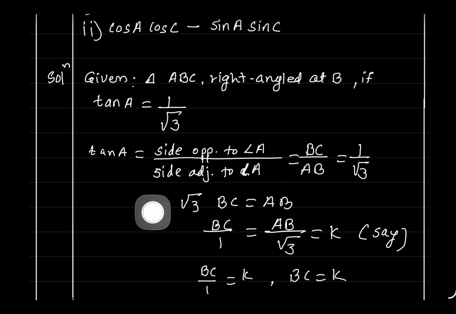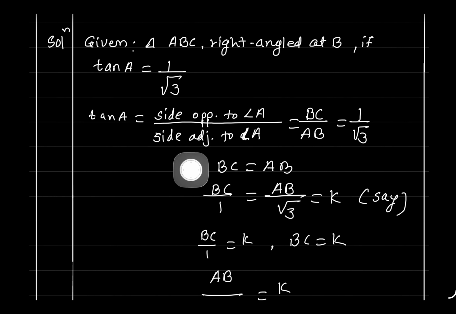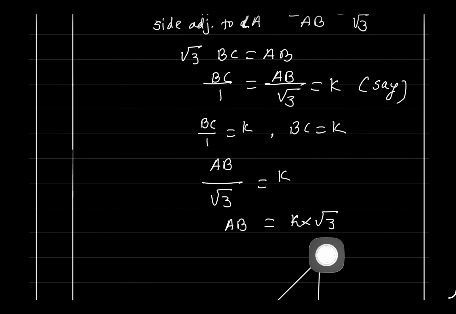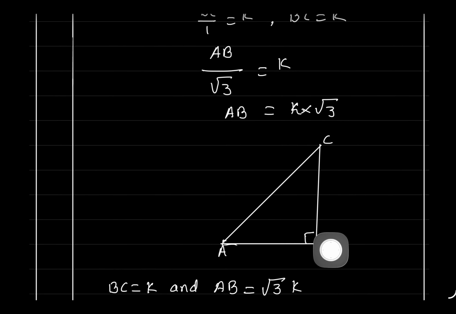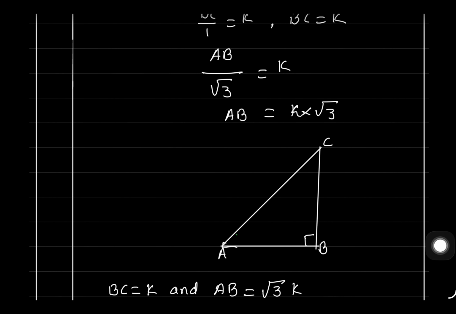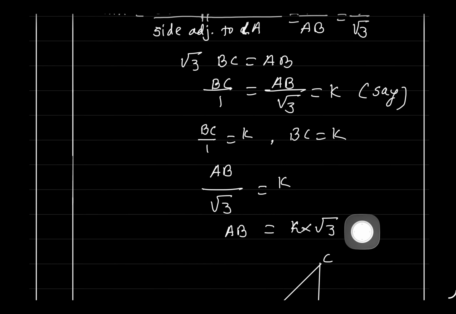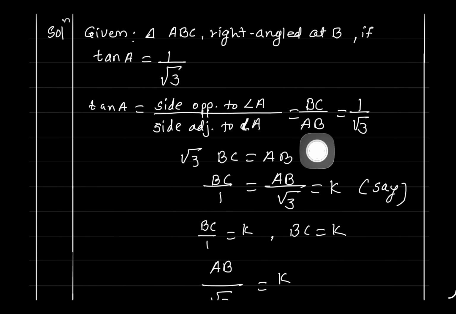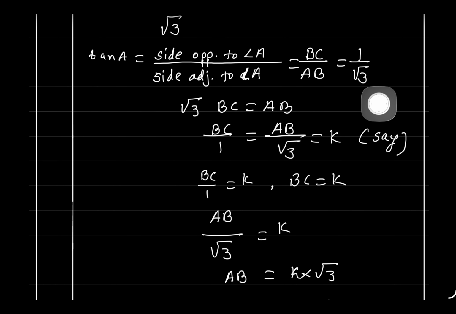You know that tan A means the side opposite to angle A upon the side adjacent to angle A. Here the triangle ABC is given, it is 90 degrees at B, and tan A is given. So what do we have to write? The side opposite to angle A is BC, and the adjacent side is AB. And tan A is given, that is 1 upon root 3.